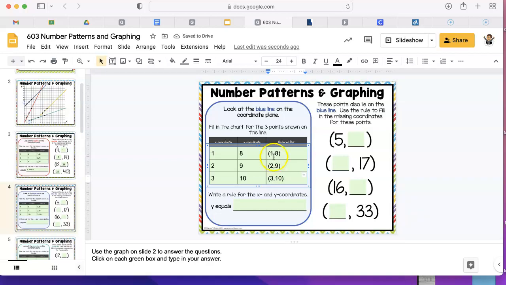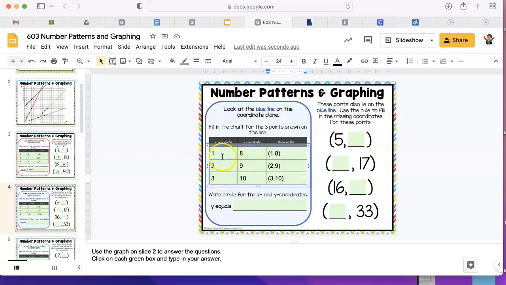What's the pattern? Let's see. 1, okay, y equals 8, 1 plus 7, 2 plus 7, I got it, 3 plus 7, yes.